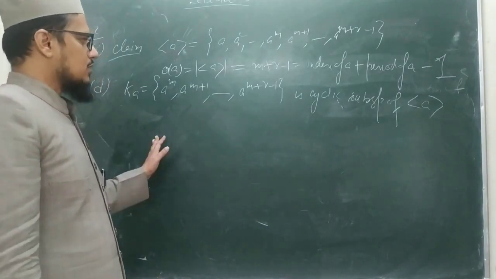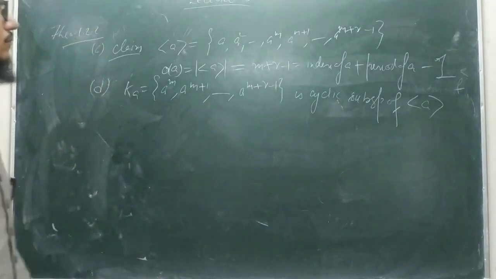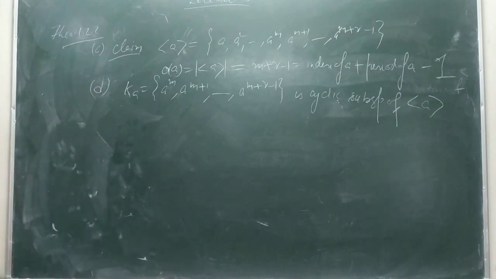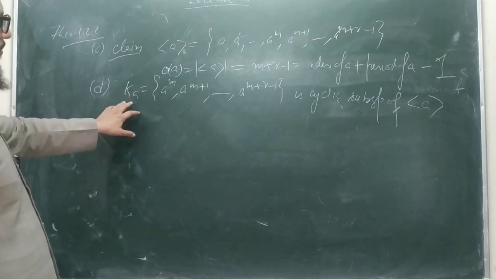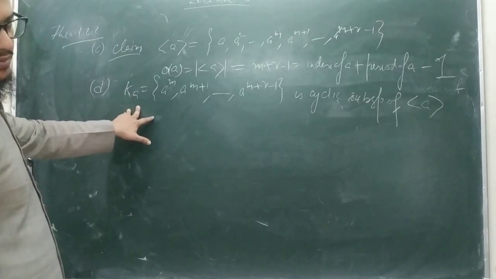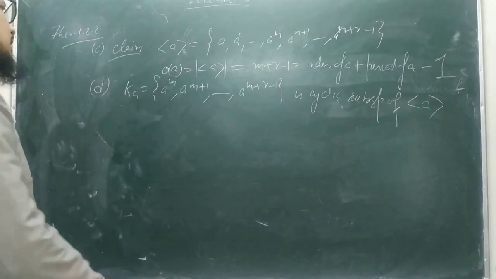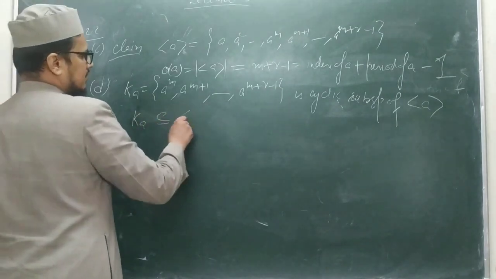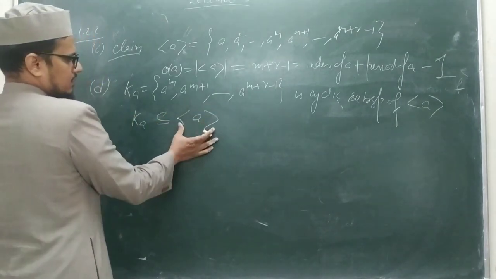So this part is important in this theorem. All of you can just appreciate that this set K is a semigroup. See, K_A is what? It is a subset of this sub-semigroup.